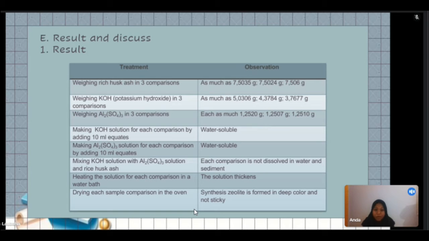Observation: each compression is not dissolved in water and forms sediment. Heating the solution for each compression in a water bath. Drying each sample compression in the oven. Observation: synthetic zeolite is formed.